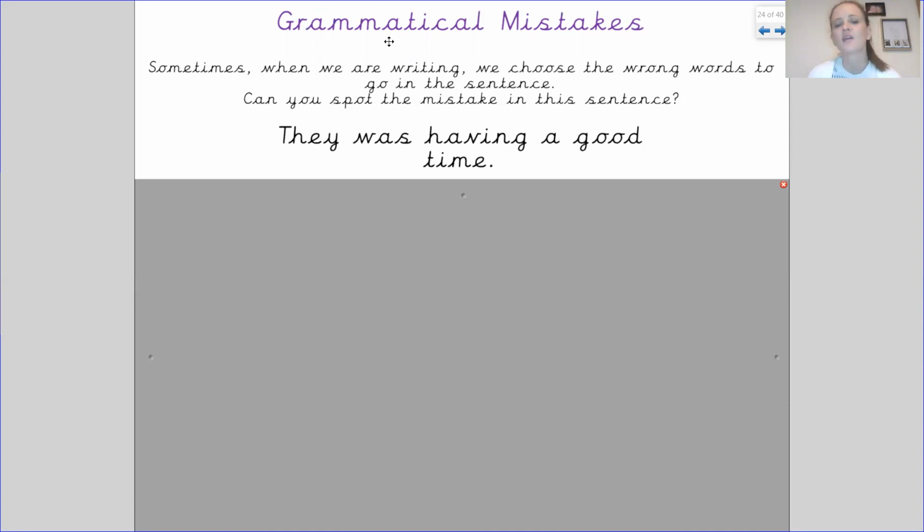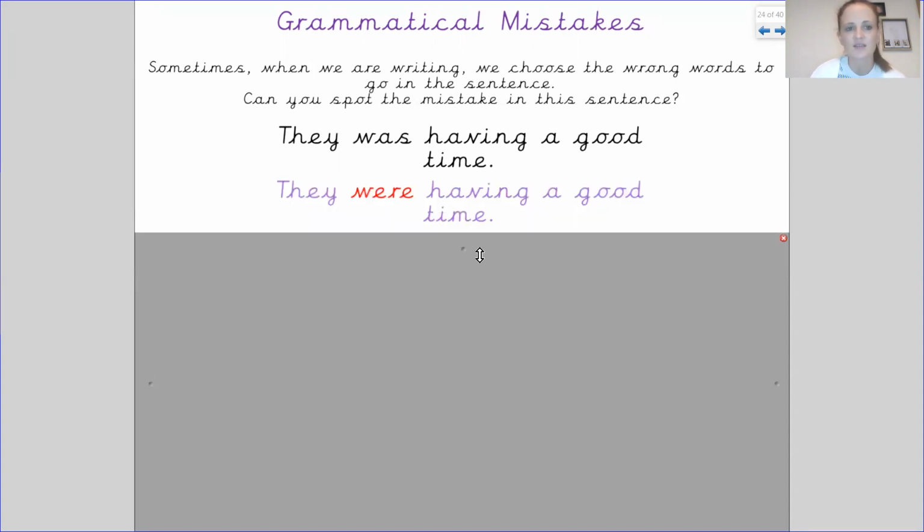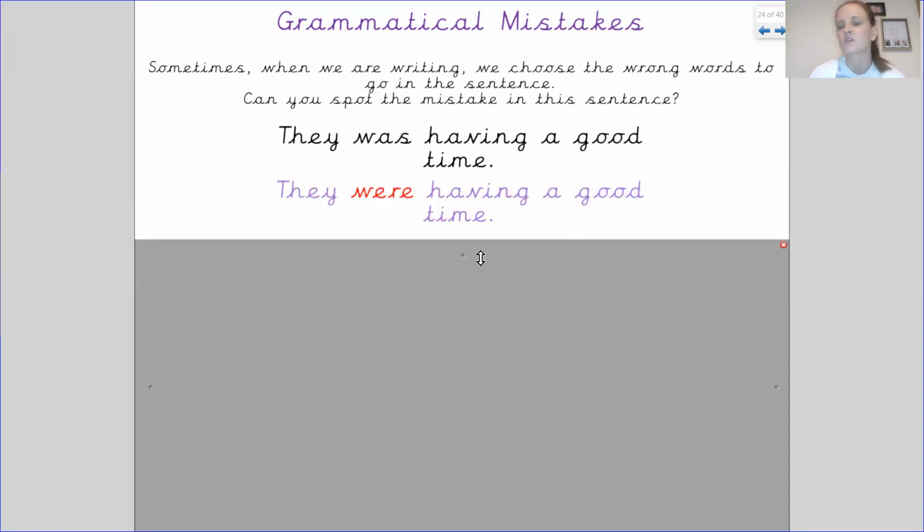They was having a good time. Okay, the correct sentence is they were. So we need to have the correct version of was. So he was having a good time. They were having a good time. So just try and make sure that you are using the correct version of the words.